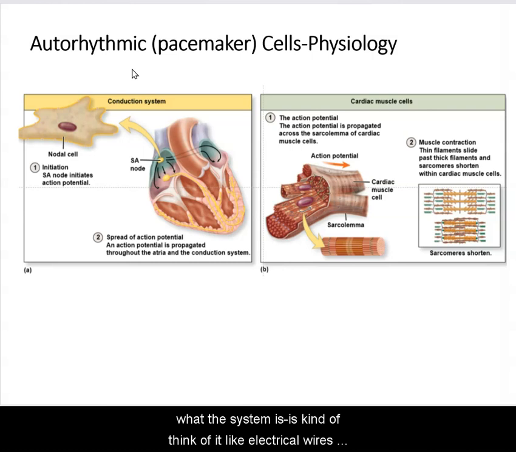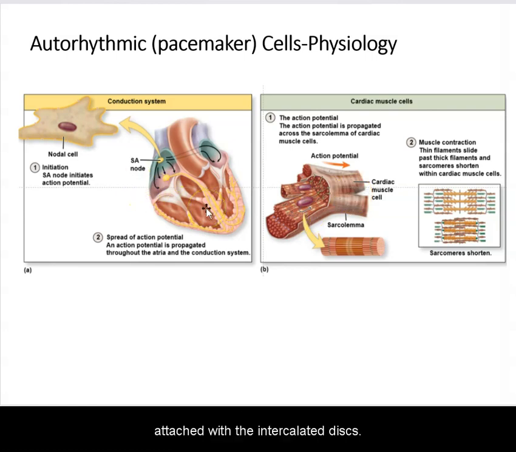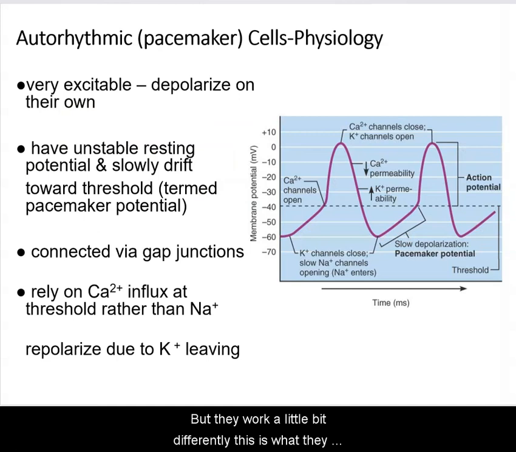It's not really an electrical wire, but it works like that. These cells can depolarize all by themselves. And when they depolarize, they then send that action potential into the cardiac muscle. So these cells are also attached with the intercalated disc, but they work a little bit differently. This is what they look like if we're looking at their action potential. So they're very excitable.